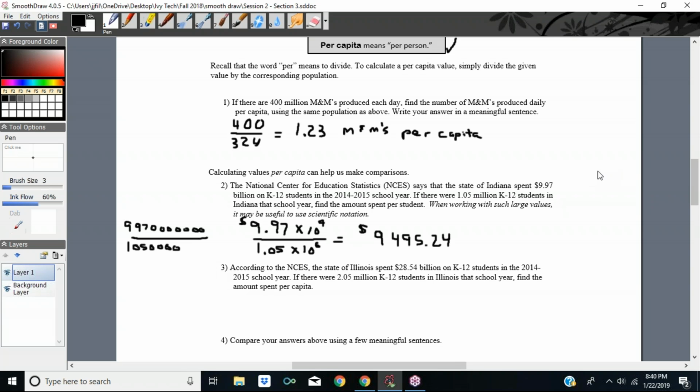If we put it in scientific notation, we do get what you have there, Kaylee, and then we would want to take it out of scientific notation. That means move the decimal 3 places, so you'd have it after the 5, and it does make 9495.24 per student in this case.